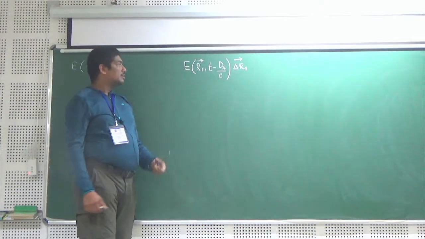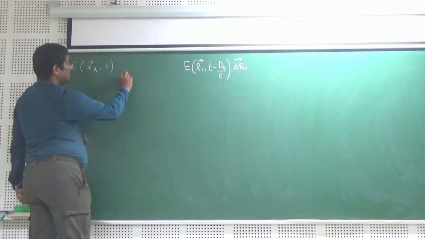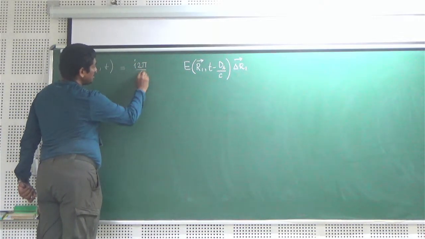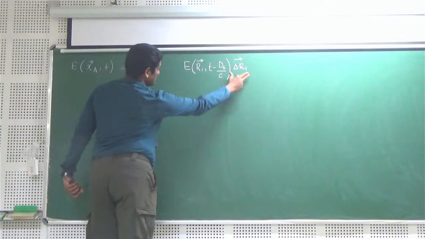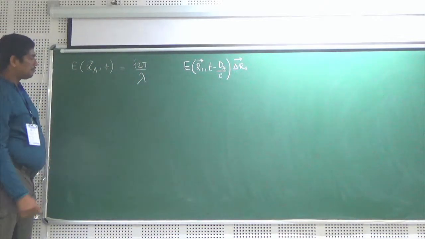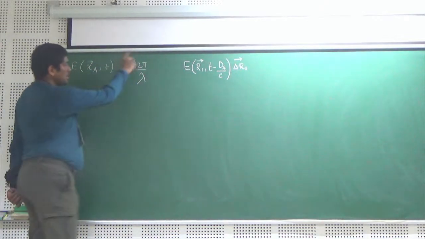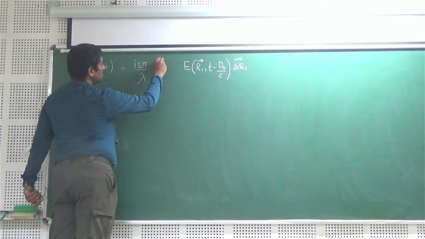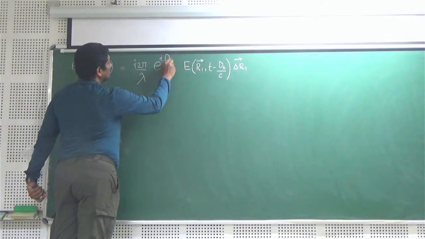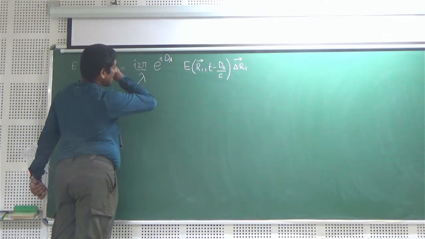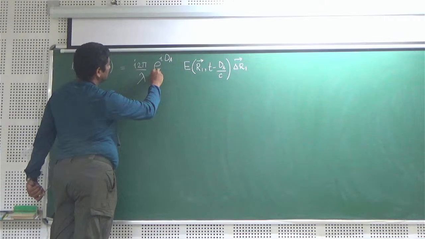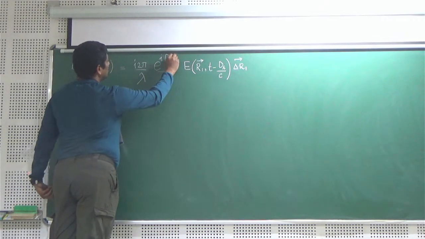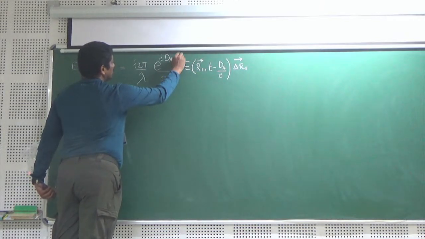And then, if you remember, for the propagation, this is the electric field at the source, so I have to have 2 pi by lambda times the spherical wave, dA by lambda.